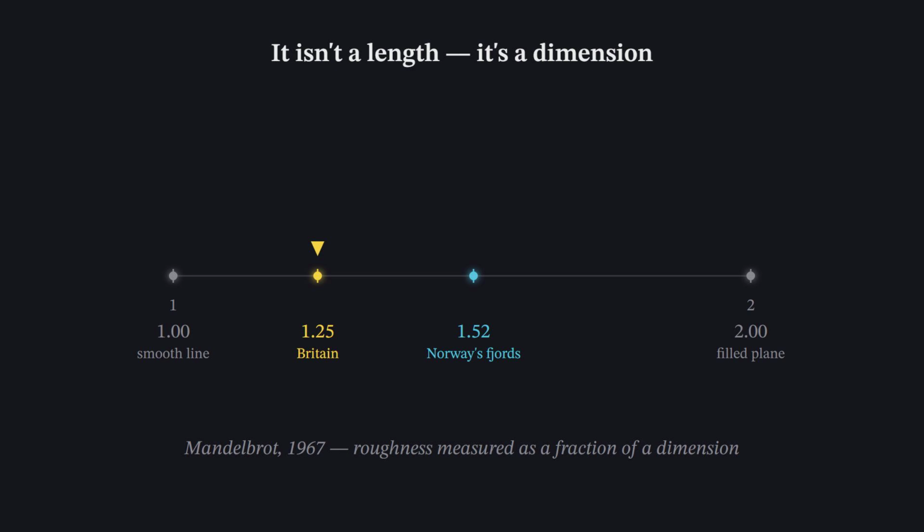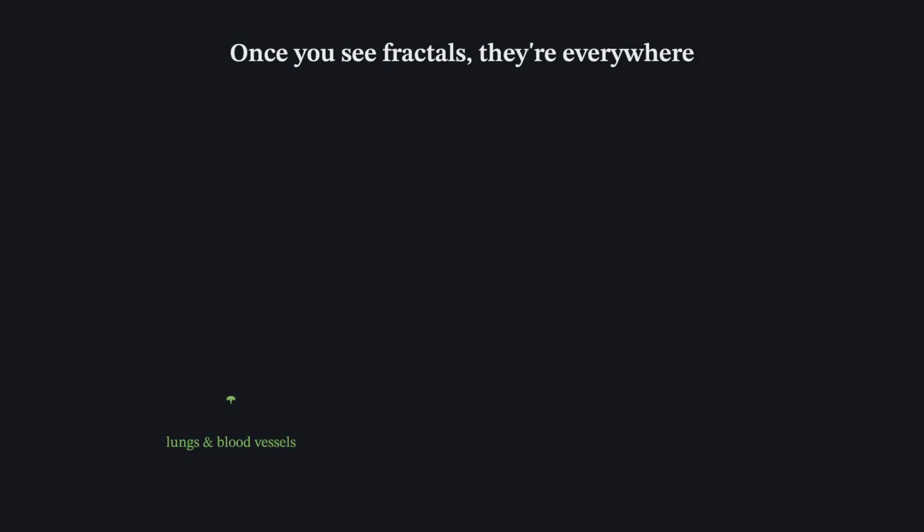Mandelbrot named these objects fractals, and with that single idea, a whole hidden category of shapes snapped into focus. And once you can see fractals, you find them absolutely everywhere, because nature loves them. The reason is beautiful. A fractal lets you pack a nearly infinite surface into a finite space.